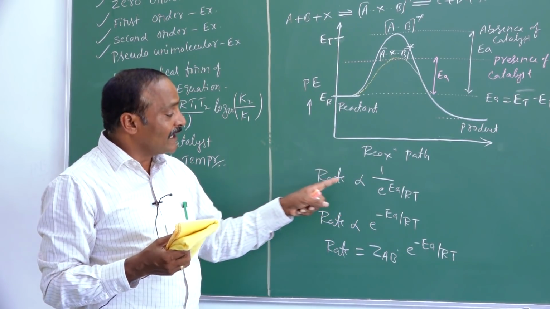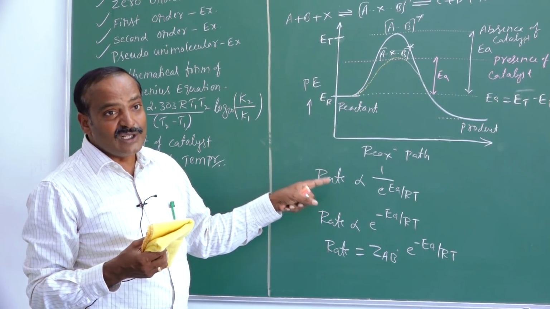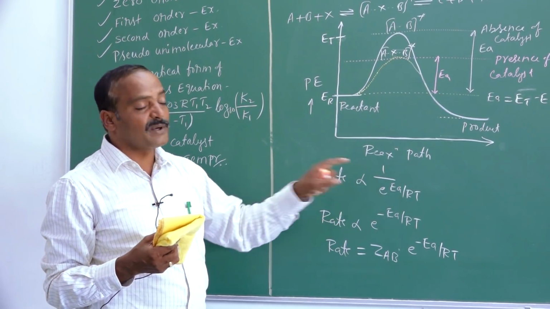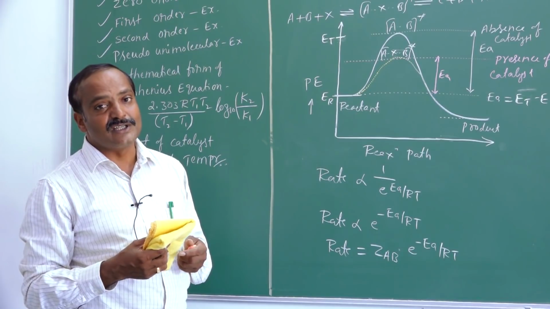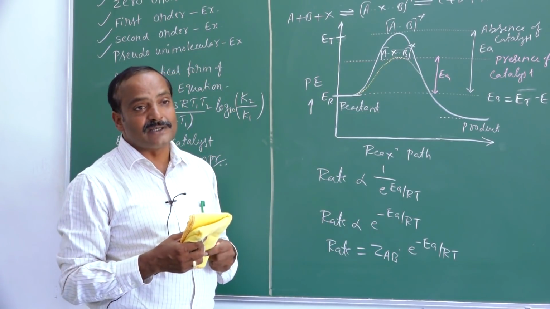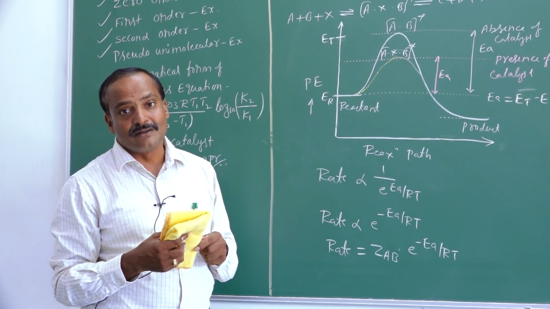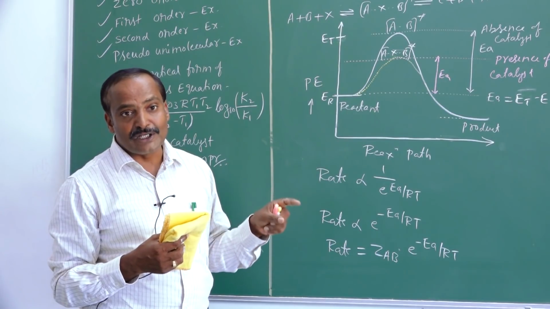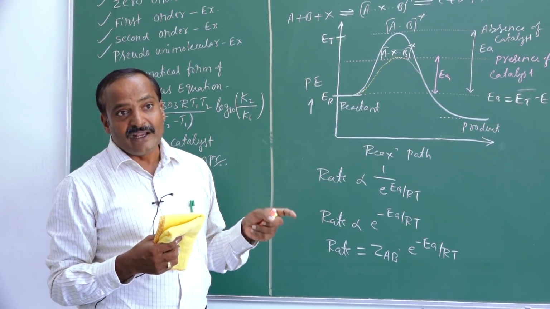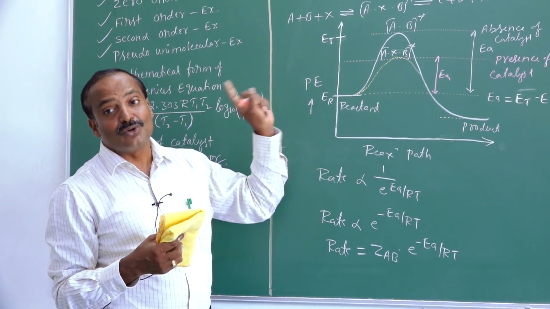That is, the rate of reaction is directly proportional to collision frequency and inversely proportional to activation energy. The term e to the power of minus EA by RT represents the fraction of molecules which possess a threshold energy, that is, the fraction of molecules whose kinetic energy is greater than threshold energy.